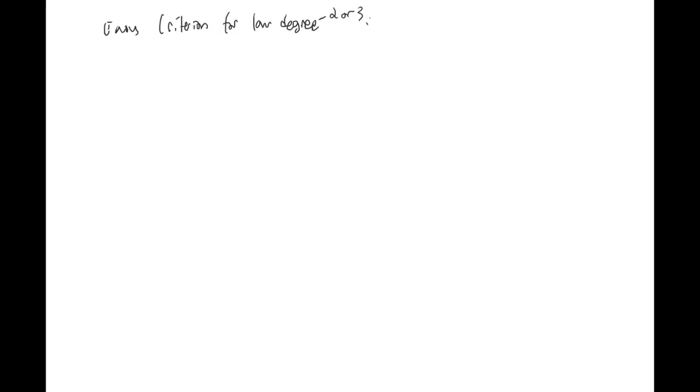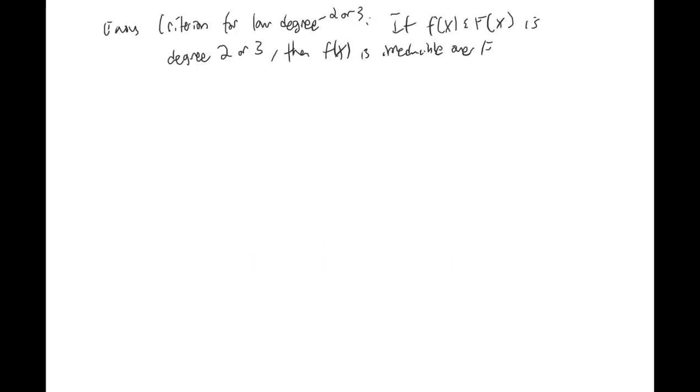So if f(x) is in F[x] and is degree 2 or 3, then f(x) is irreducible over F if and only if it has no 0 in F. The only thing you need is the fact that if f has a 0 a, then x minus a is a factor. That's really all you're using.